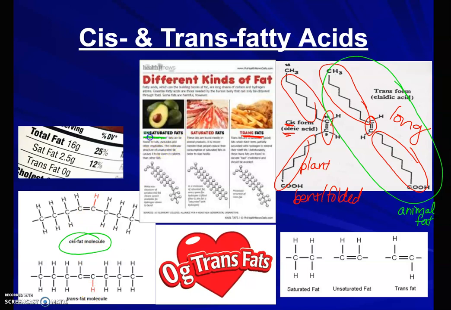So all of your plant-based oils, your olive oil and your avocado oil, your coconut oils, all of those will be much better for you. There are saturated fats, which means that there aren't any double bonds. Those are better for you than trans fat, but they're not the best. But this is going to be like your bacon grease and stuff like that. And that's a little bit of a way that cis and trans isomerism comes into play with our everyday lives.